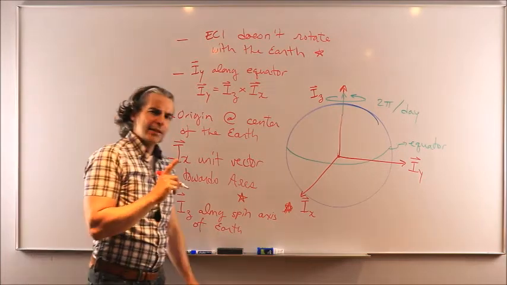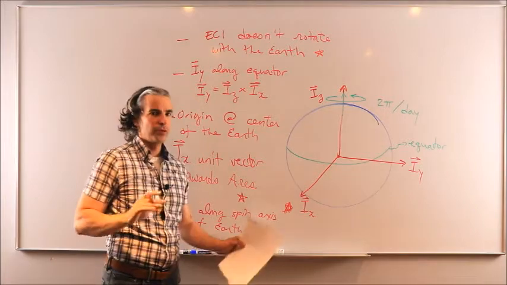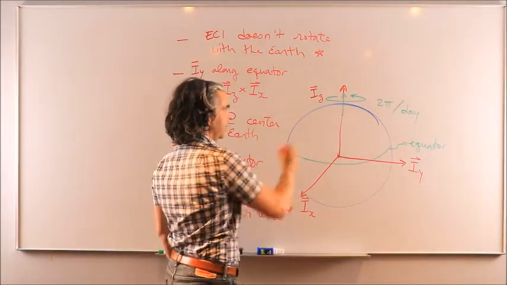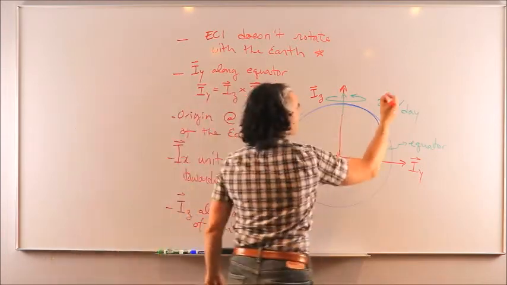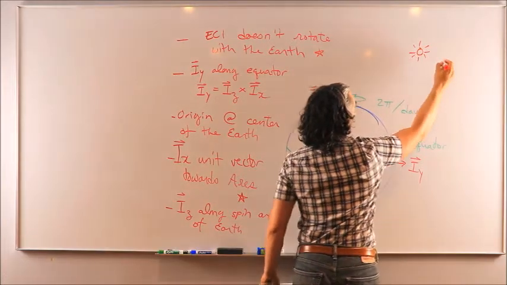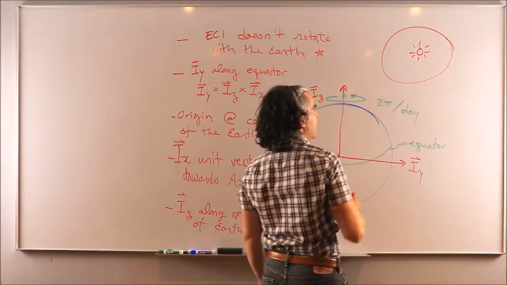Now, but wait, isn't that supposed to be an inertial reference frame? Meaning that it's not supposed to move, right? But how come? Because we know that the Earth does move, right? The Earth travels around the sun. This is the sun, and the Earth moves around it, something like that.